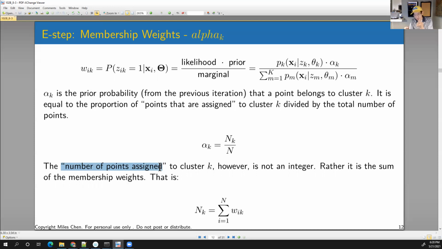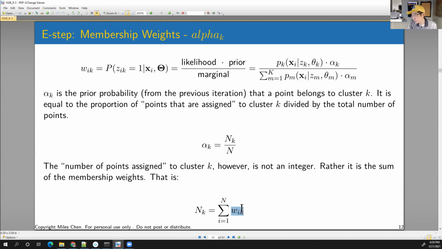So this observation maybe has a 99% chance of belonging to cluster 1, and this observation has a 20% chance of belonging to cluster 1. You're going to add those together and say 1.19 observations belong to cluster 1. Okay, it's a little bit of a weird thing, but you're basically going to sum up the weights of all of the observations that belong to a certain cluster.